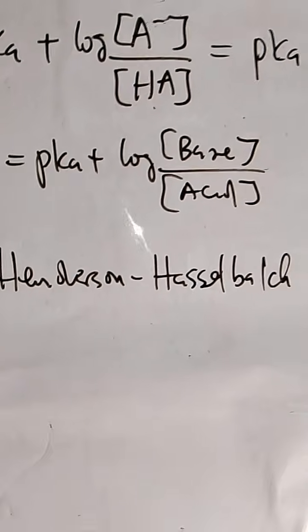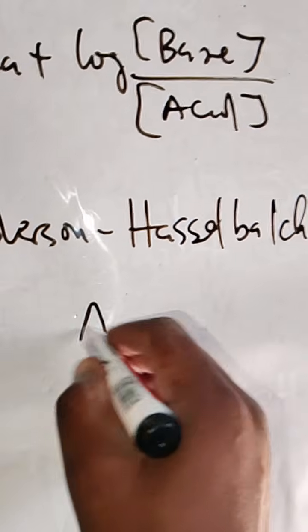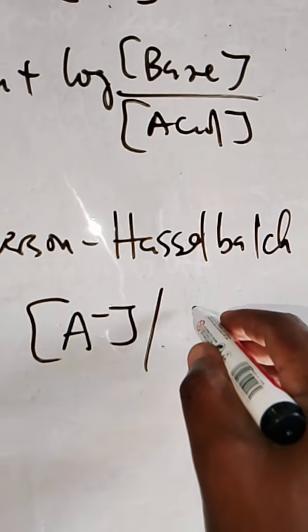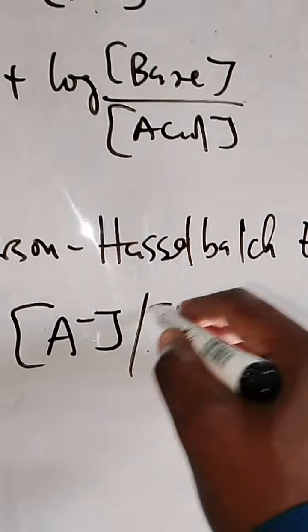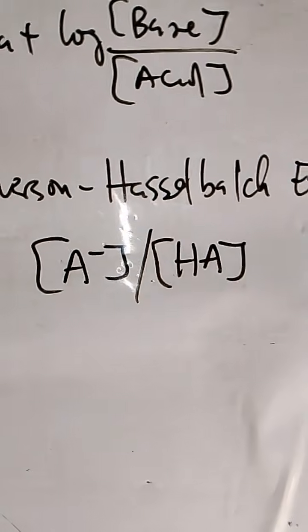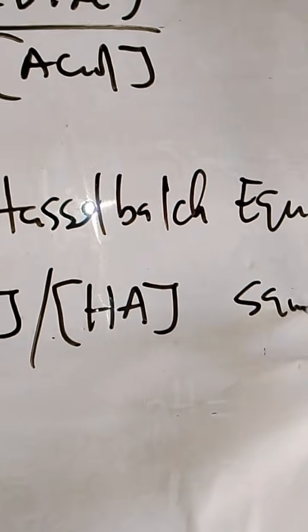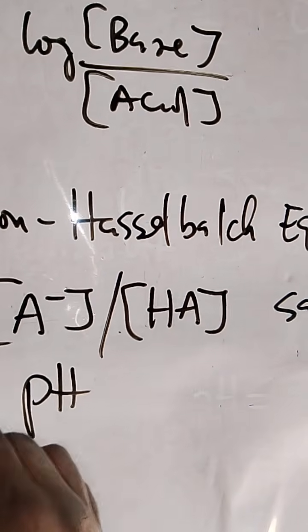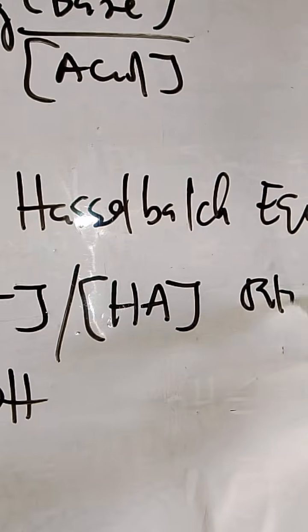Okay, so if you have two buffers involved which have the same ratio of conjugate base to conjugate acid, it means the two buffers will have the same pH.